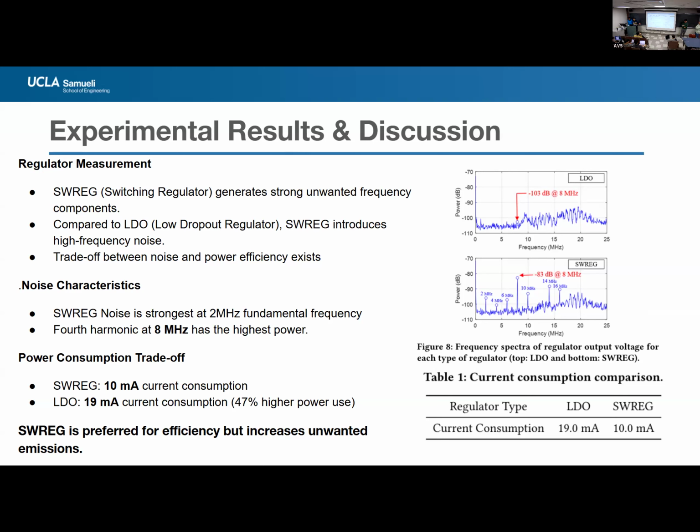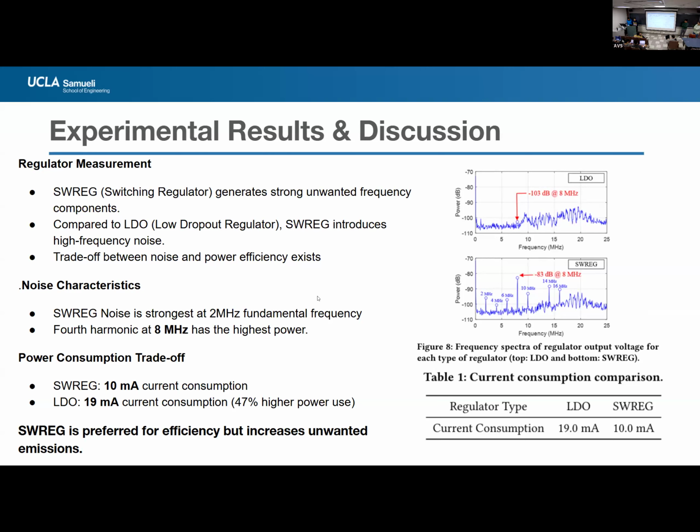So at first they compared two kinds of regulators. One of them is the switching regulator, which is the target here, and one of them is the LDO, which stands for low dropout regulator. In terms of noise characteristics, there are some frequencies for the switching regulator where we can see some noise power. The main one is 2 megahertz, and all the harmonics, like here 4, 6, and there is a big power at 8 megahertz.